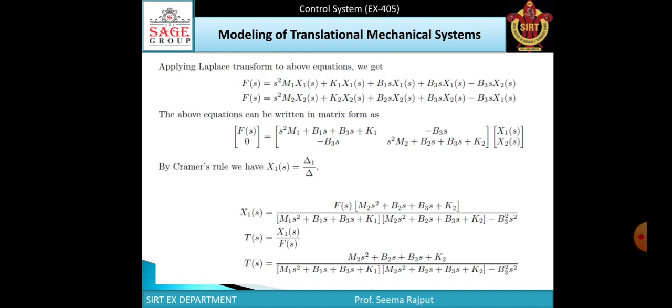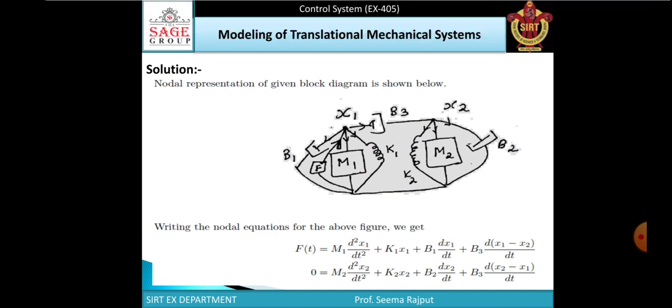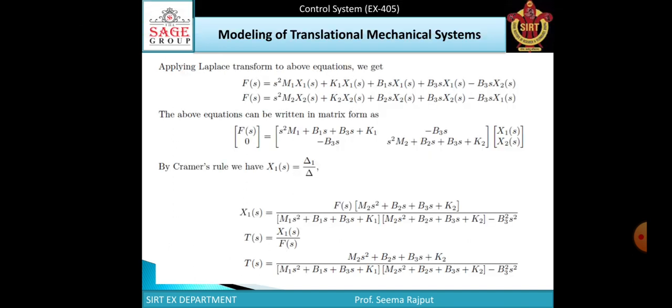Now applying Laplace transform to the above equation, we get, and in Laplace transform the initial condition is 0. So F(s) is equal to s² m1 X1(s) plus k1 X1(s) plus b1 s X1(s) plus b3 s X1(s) minus b3 s X2(s). So here we have to separate the x2 and x1.